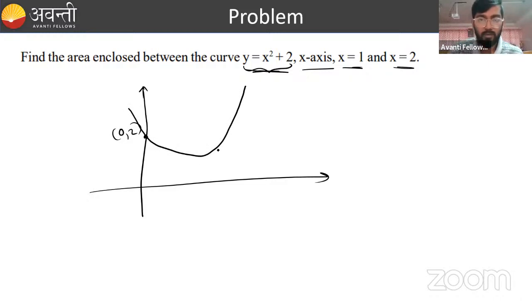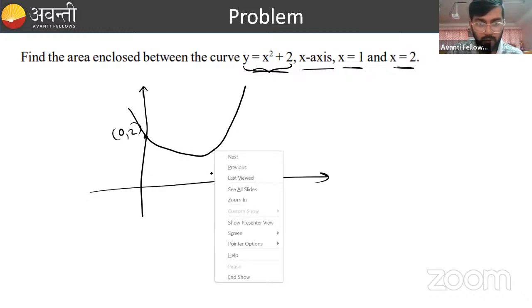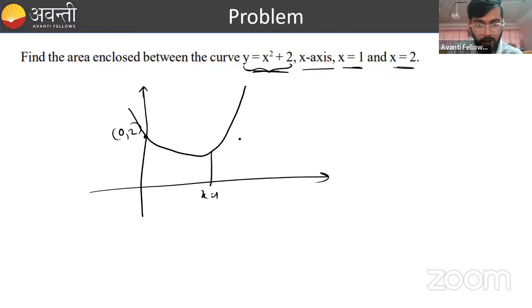All right. So x equals 1 is somewhere here, and you have to find x equals 1 and x equals 2. We are supposed to find this area, bounded by the curve, x equals 1 and x equals 2.